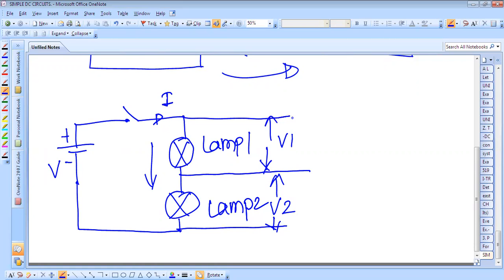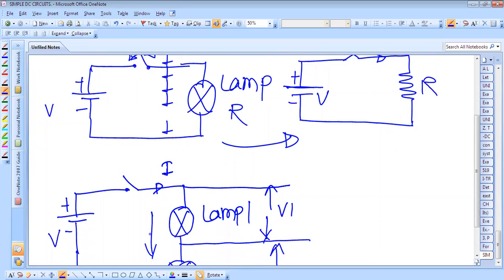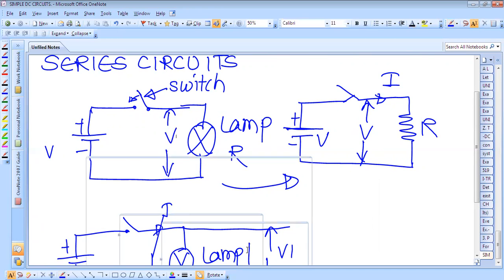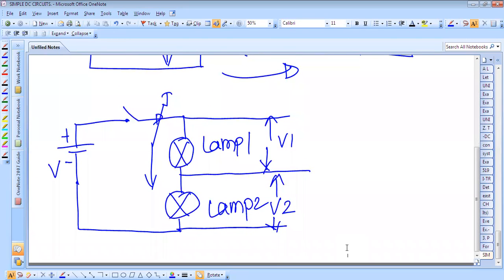Initially there was only one voltage. So the voltage across this is V, when there was only one resistor. Now we have connected two lamps in the circuit. So what happens now?